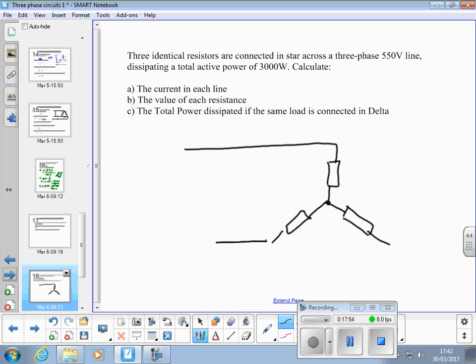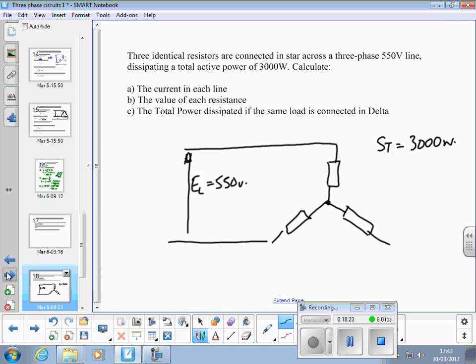And we know that we've got a line voltage, EL, of 550 volts, and ST is equal to 3000 watts.